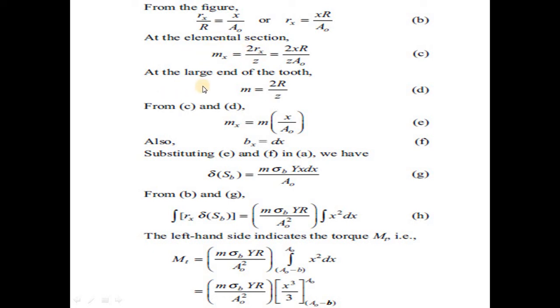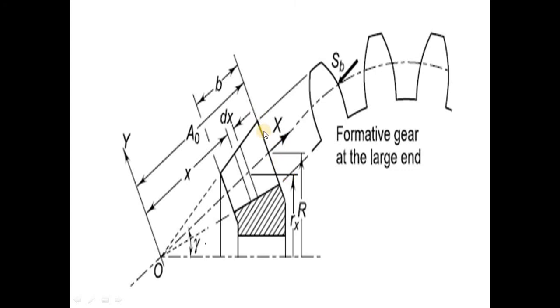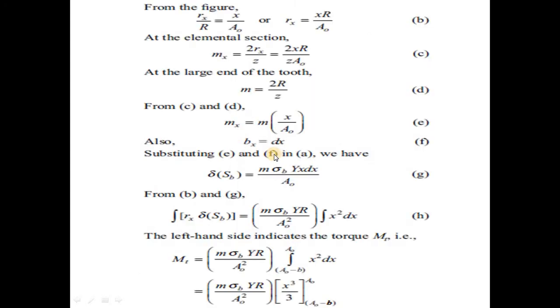Then this is the elemental section module, and when we consider the larger end of the two, here this is the larger end. At that time, what is the module? Module is equal to again pitch circle diameter divided by z, but the diameter we consider here is 2 times R divided by z, which is the number of teeth. Then from equations C and D, compare these two equations.